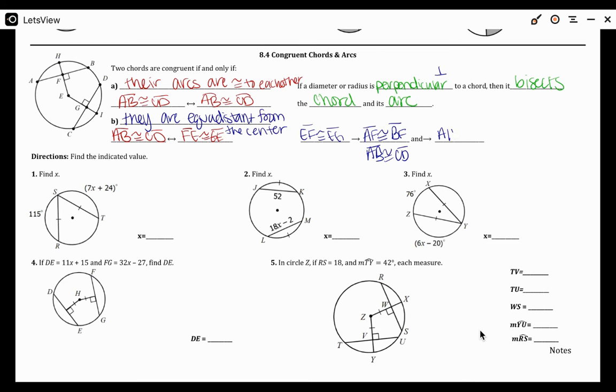And then lastly, we can say that arc AH is congruent to arc BH, and arc AB is congruent to arc CD, and arc CI is congruent to arc DI. So essentially, all of this just means that on our picture we have congruent arcs. So all of these are all congruent.